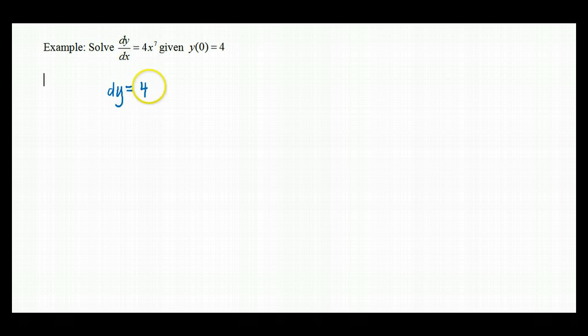So we get dy equals 4x to the 7th dx. And then we're going to integrate both sides. So the integral of dy and the integral of 4x to the 7th dx. On the left side, just like last time, we're going to have just the y variable. And on the right side, so if I add a power, I'm going to get x to the 8th.